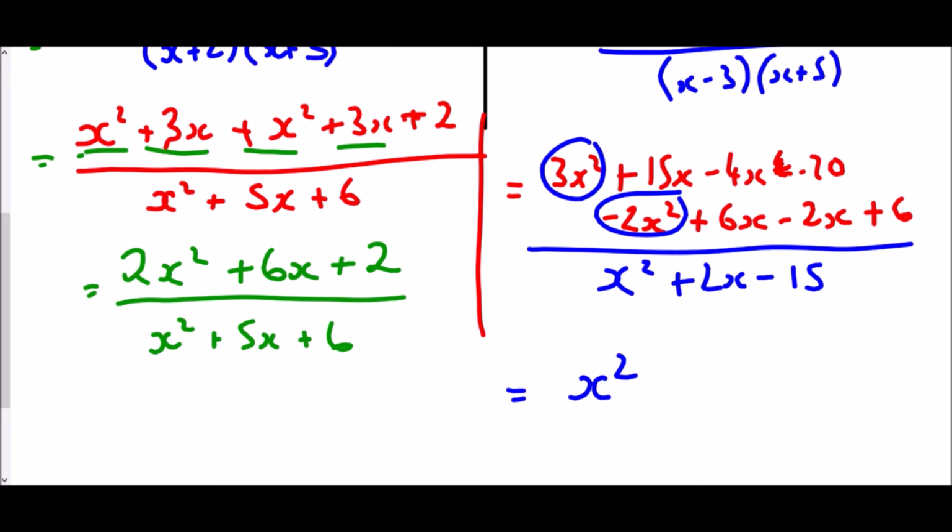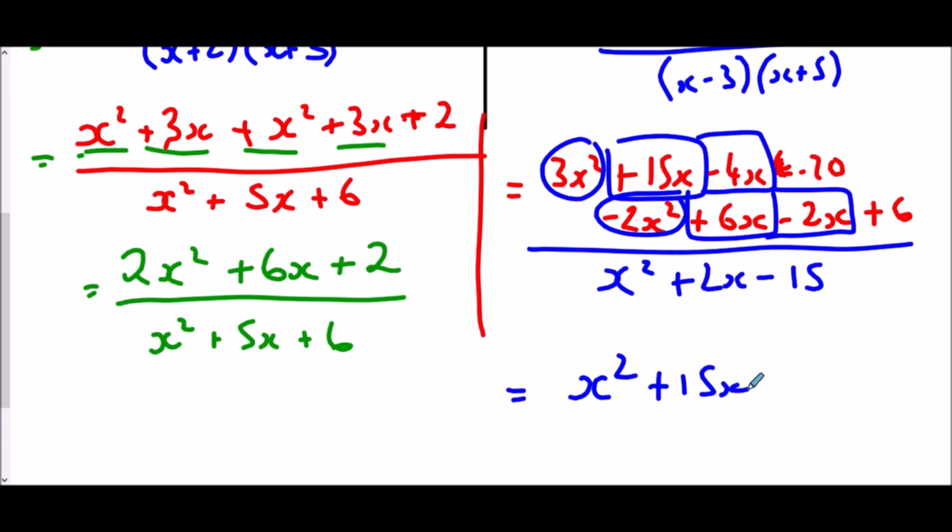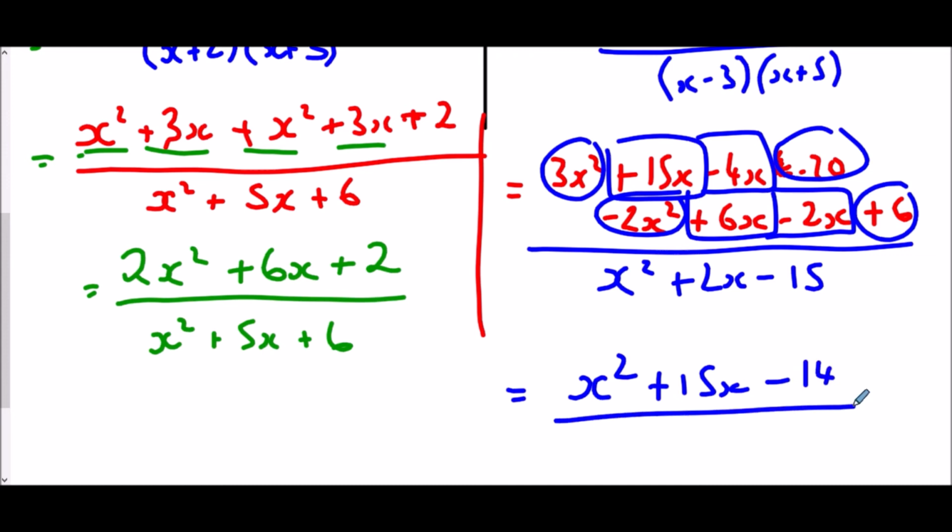I have plus 15x take away 4x, so that's 11x, plus 6x, so that's 17x, take away 2x is 15x, so that's plus 15x, and then I have negative 20 plus 6, so that's negative 14. Place that all over the denominator that we worked out before, so x squared plus 2x, take away 15.